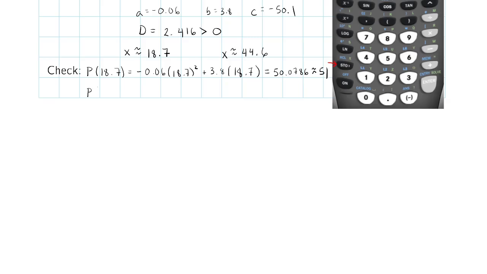Plugging in x equals 44.6, we'll have negative 0.06 times 44.6 squared plus 3.8 times 44.6. And that's exactly 50.1304, which is again very close to the 50.1 we wanted.